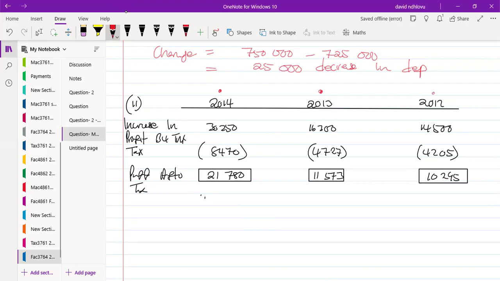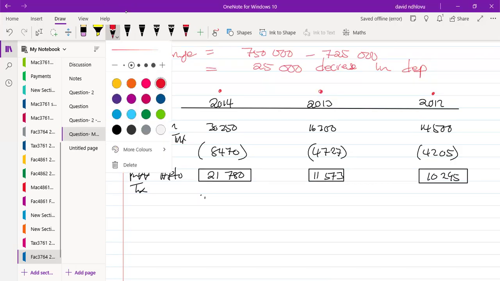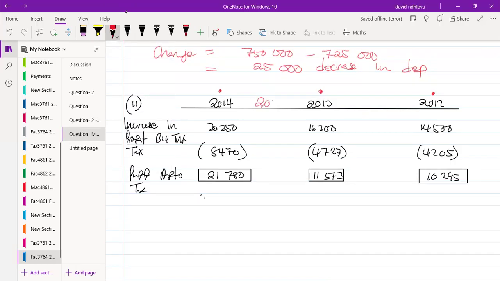What we call closing inventory in 2012, it is opening inventory in 2013. So therefore, we are saying when we are in the year 2014 and we want to capture the full impact of the change in accounting policy, we have got to look at both the opening inventory as well as the closing inventory.